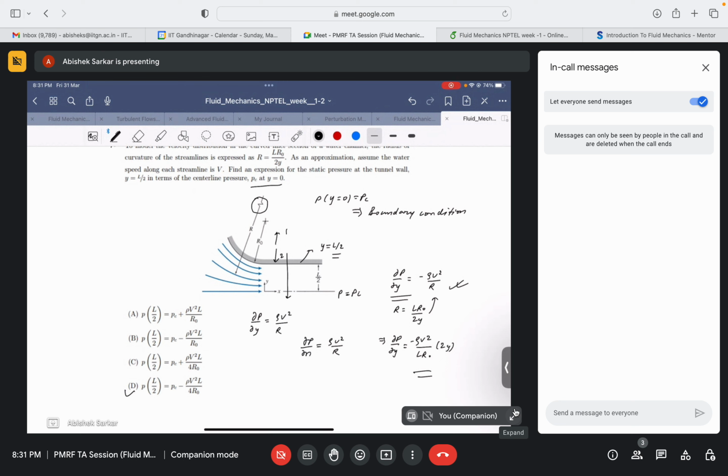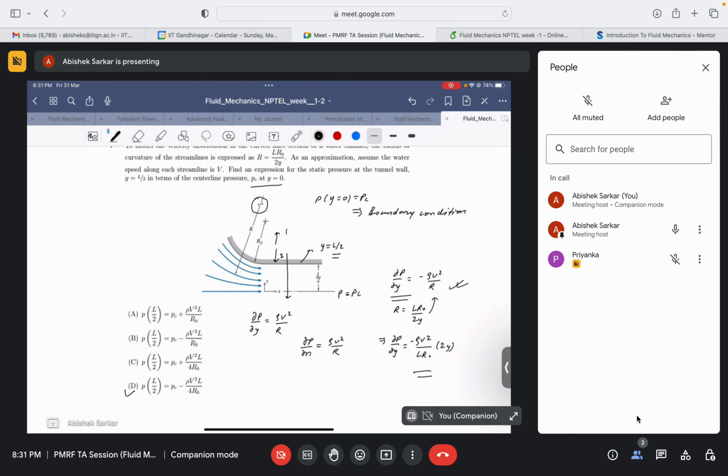Professor Chakraborty has mentioned in his lectures also, but I would like to repeat: if the center of curvature is too large, you can ideally approximate the streamlines to be approximately straight. Do you recollect that approximation?